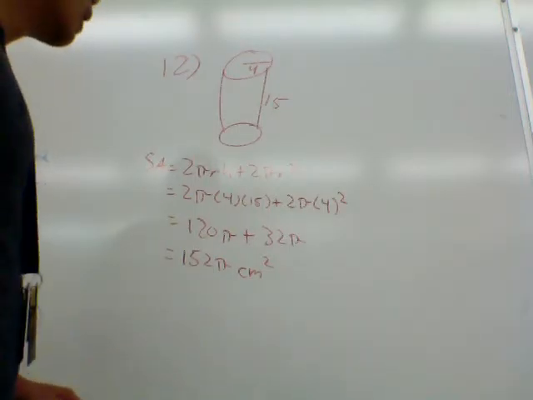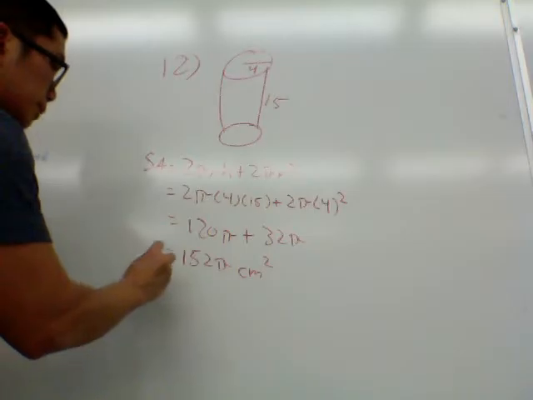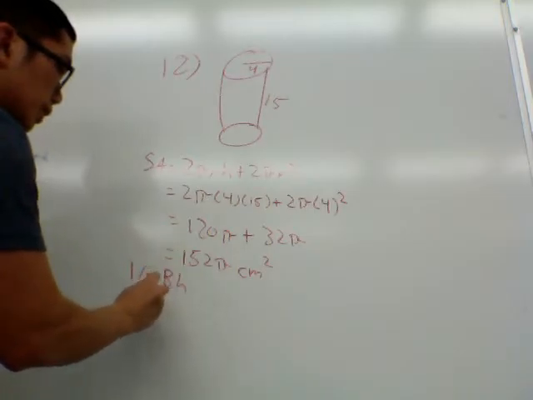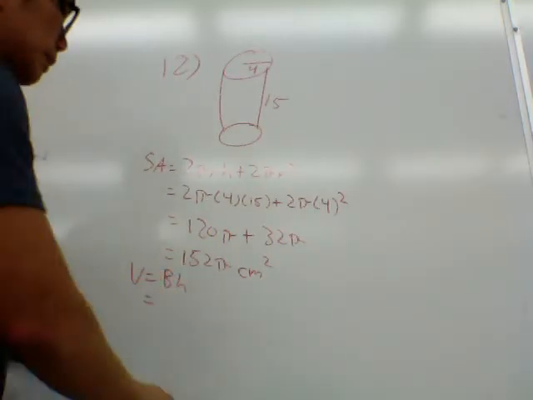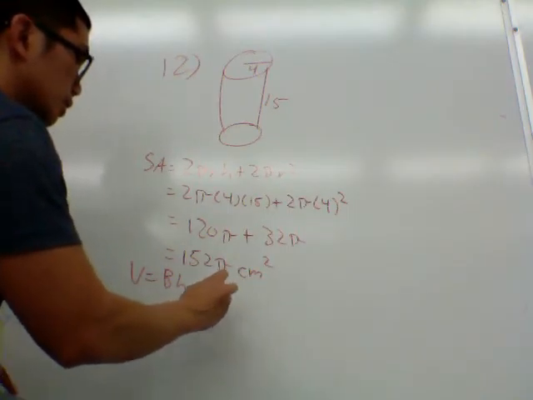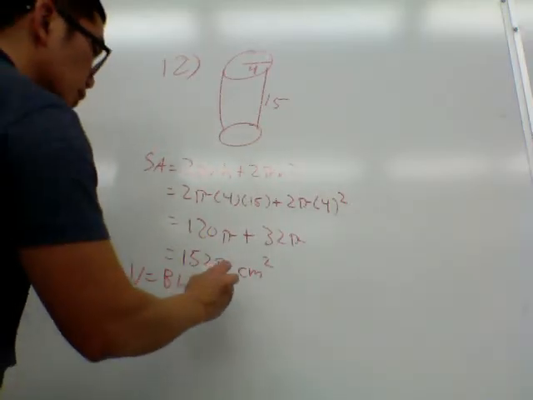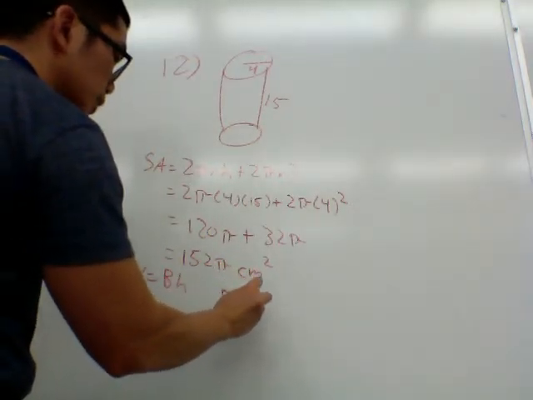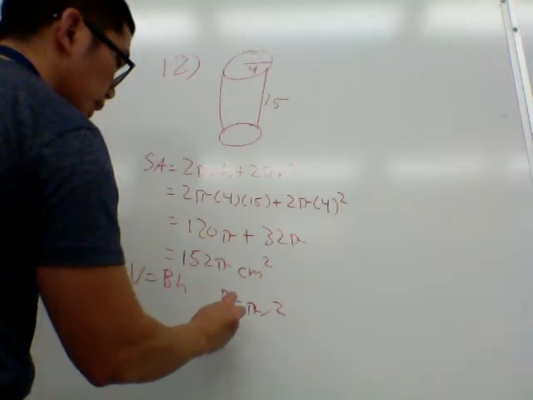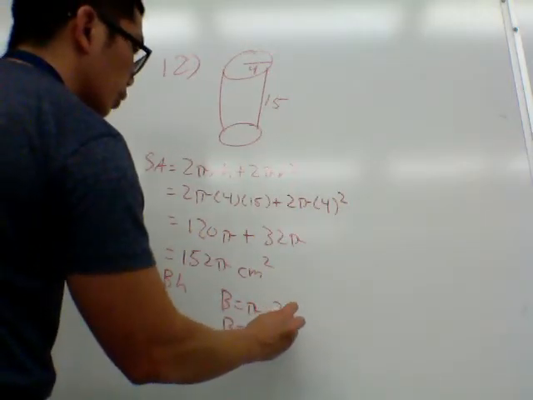Okay. The volume for a cylinder is still big B times H, right? Big B in this case is pi r squared. So remember, because you only need one of the circles, right? So big B is equal to pi r squared. Big B is pi times 4 squared.